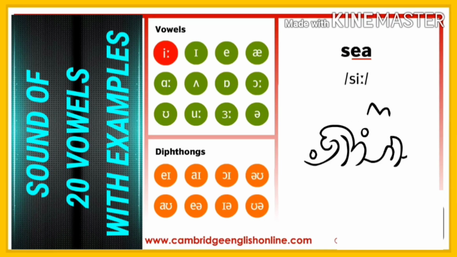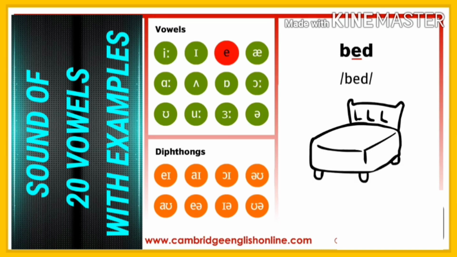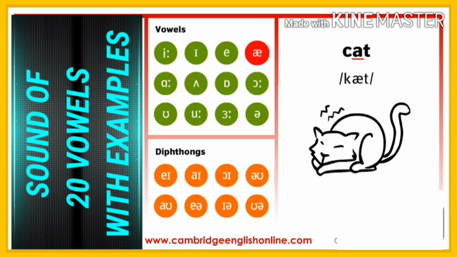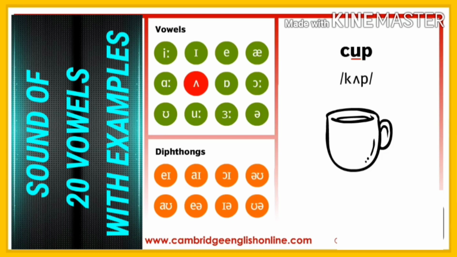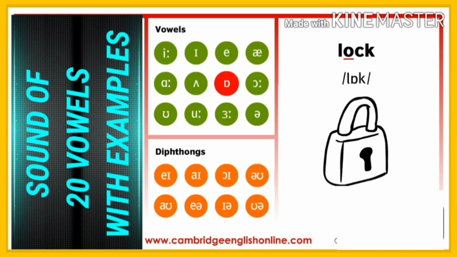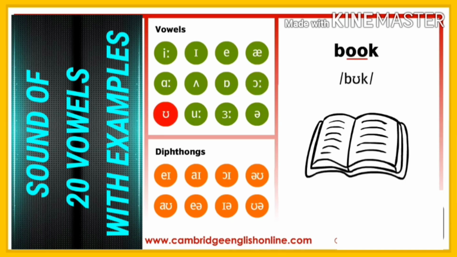E, I, swim. E, bed. A, cat. R, car. A, cup. O, lock. Or, ball. Book.